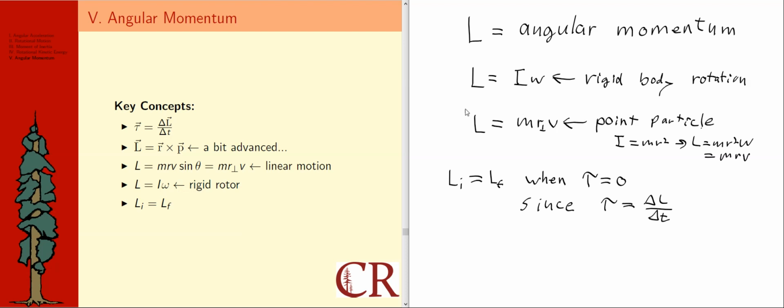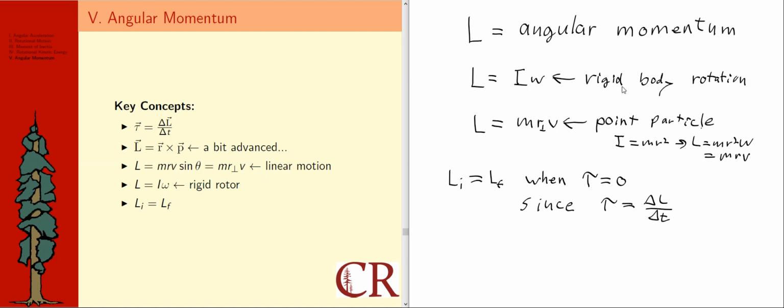There is another formula here that applies specifically to a point particle and can apply in some different ways. On the key concepts slide, I have a similar looking formula here, mrv, and there's this perpendicular in both of them, so I should maybe say some words about that. And it says here for linear motion, and the idea is as well, L is equal to I omega.